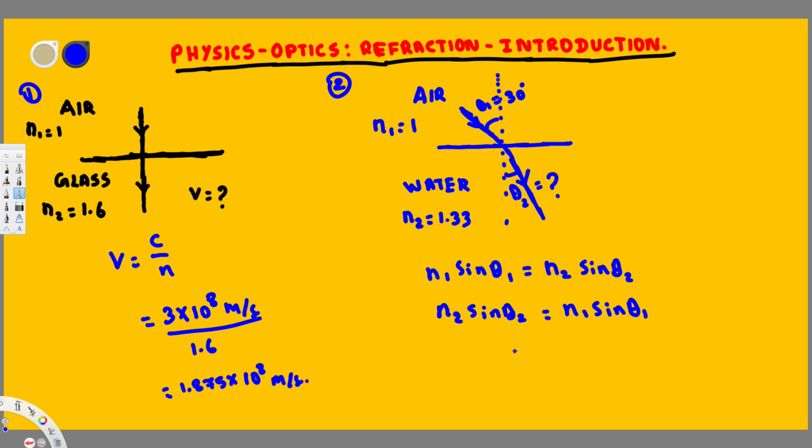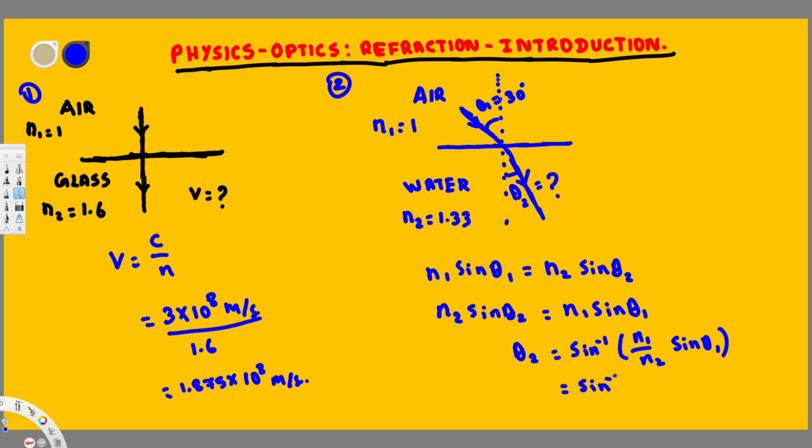So here we are going to have theta 2 equivalent to sine inverse of n1 over n2 times sine theta 1, right? Now let's plug in all the values.